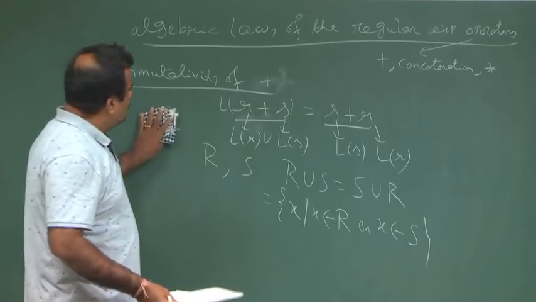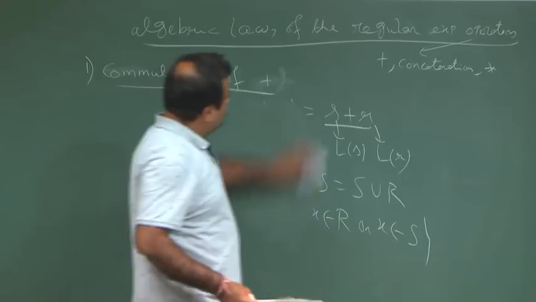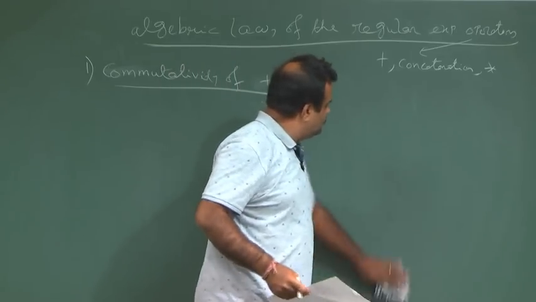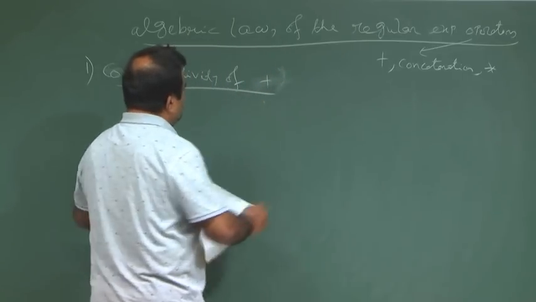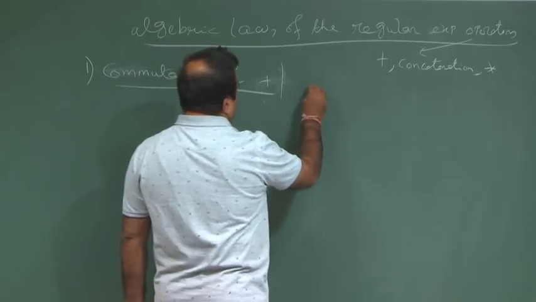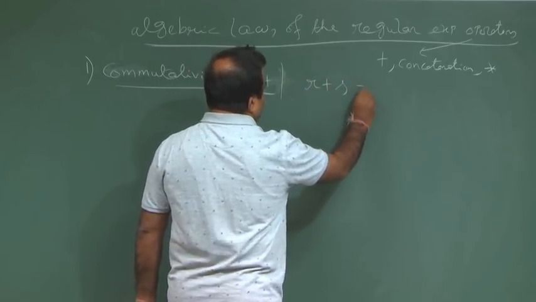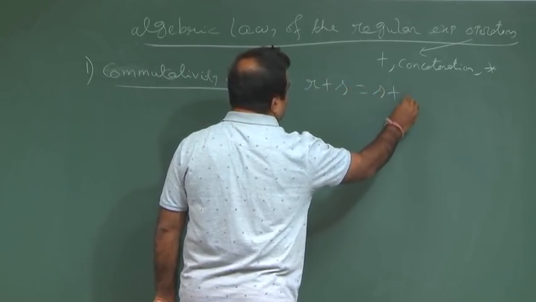So, it is commutative under union, this is the first law: R plus S is equal to S plus R.